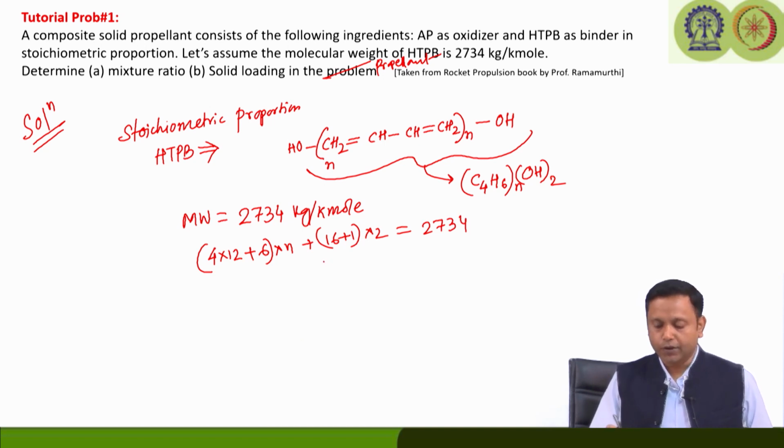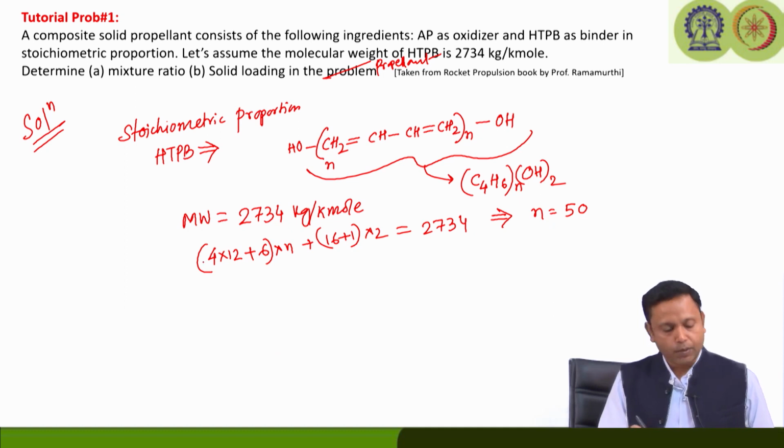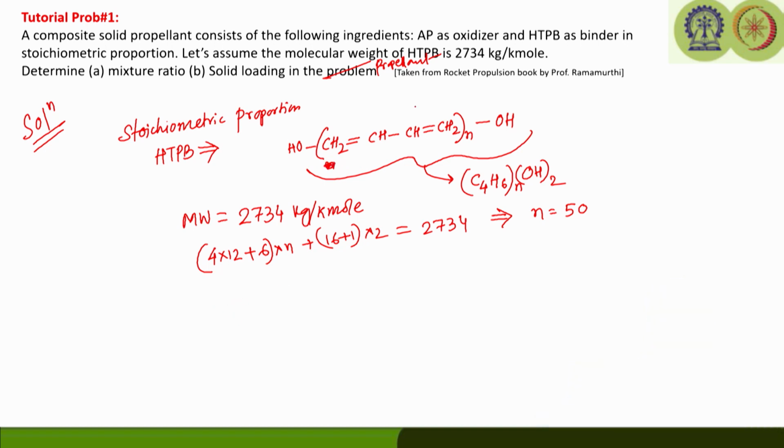Solving this, we will get n equal to 50. So, that will essentially give us the chemical formula of HTPB if we put this in this equation. So, we have C4H6 into n OH2.